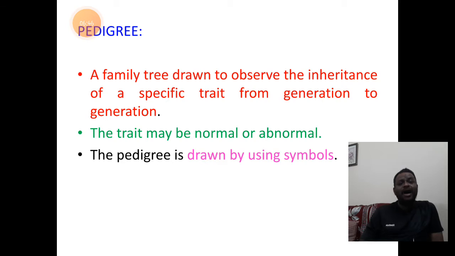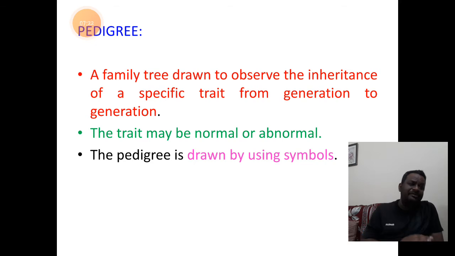It is a family tree which is drawn to observe the inheritance of a particular trait from generation to generation. So, a particular character can be observed through the pattern of inheritance by drawing a family tree. This is what we call pedigree.